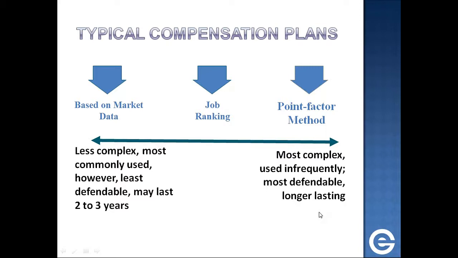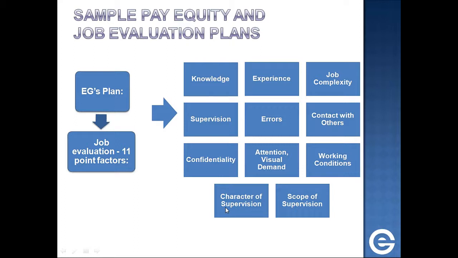Most complex, used infrequently, and most defendable program is the point factor method. So this means that this takes a lot of time, takes a lot of work to do this, and if you are a multi-state company, sometimes you have to really look at your demographics and all of that to include it in this plan.